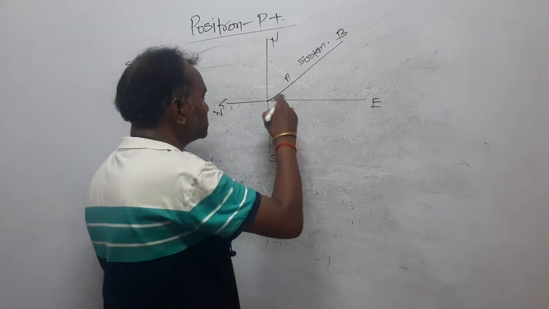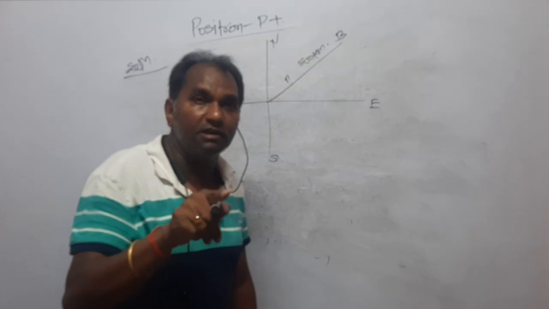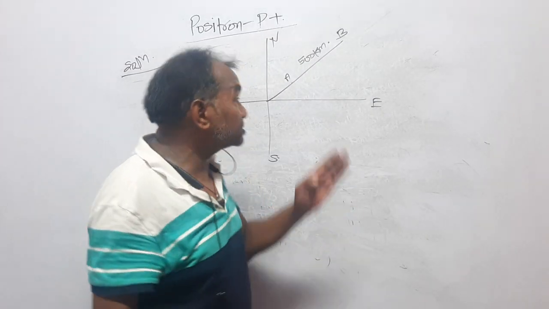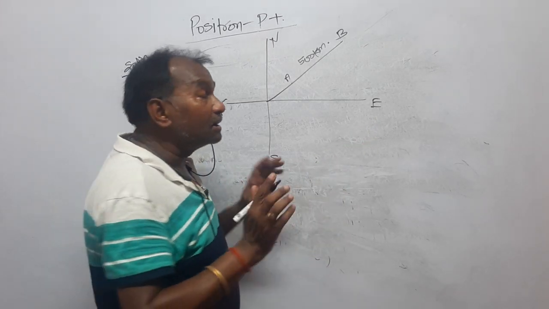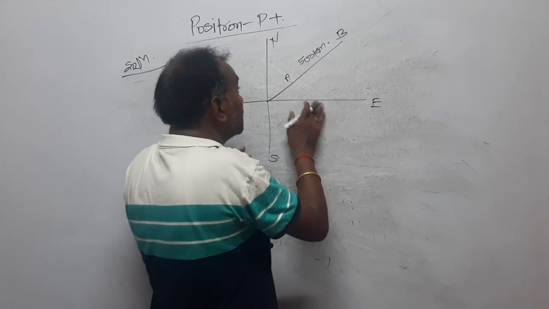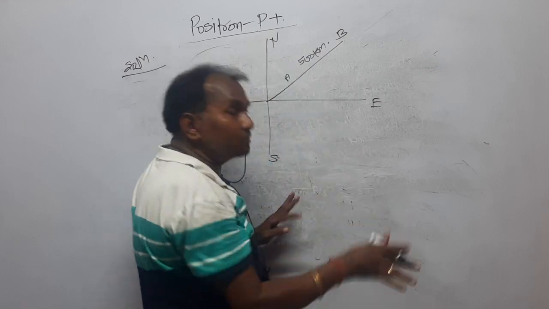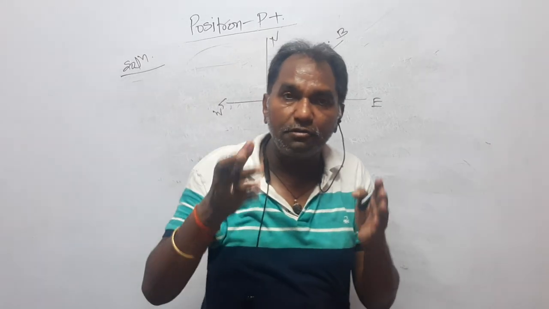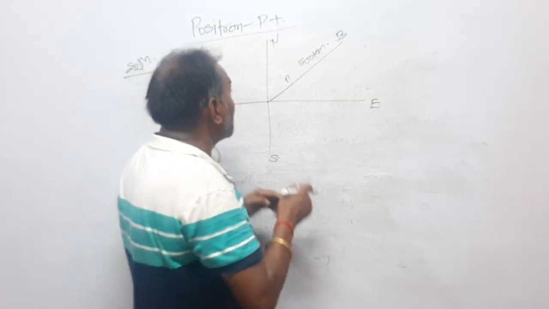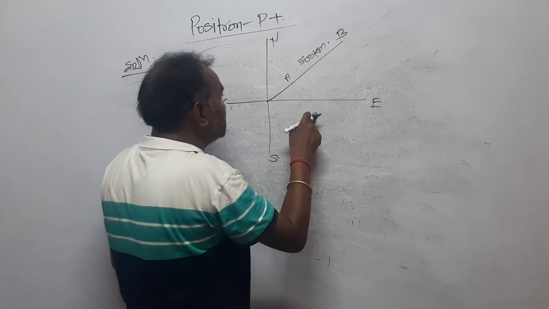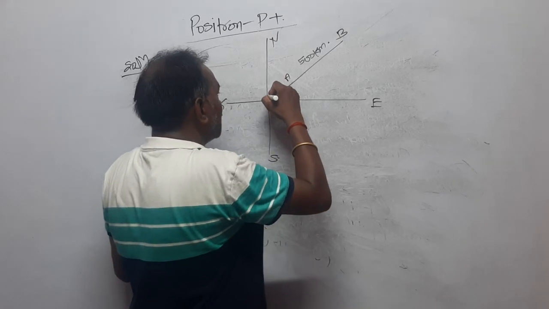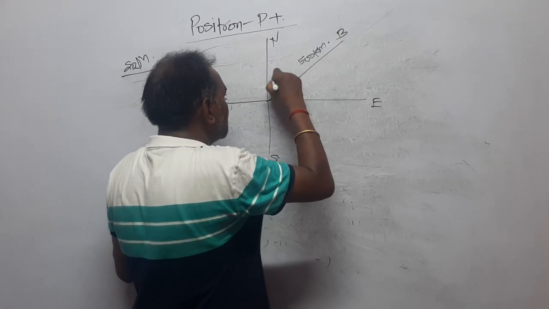And the direction is 30-degree east of north, which means 30-degree towards east from north, that is, this angle is 30-degree.